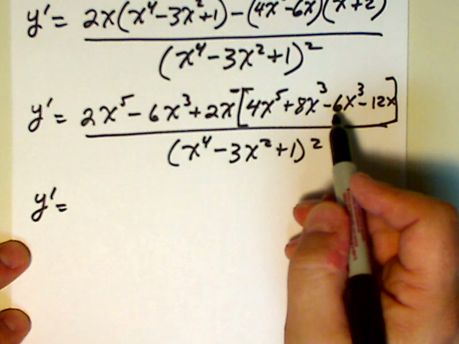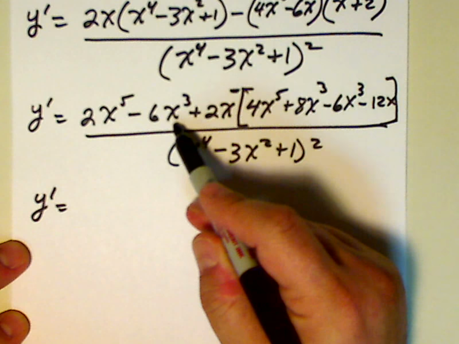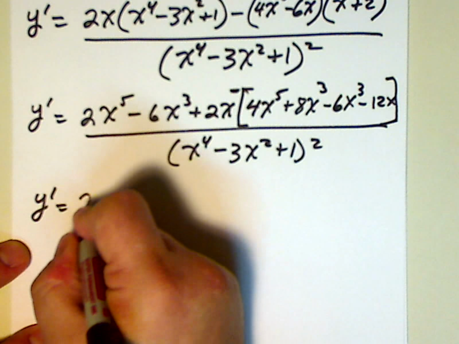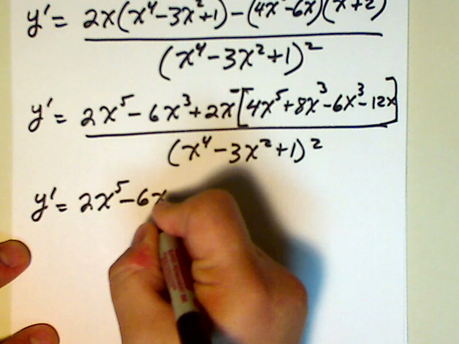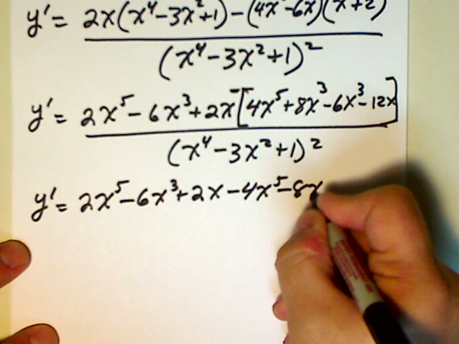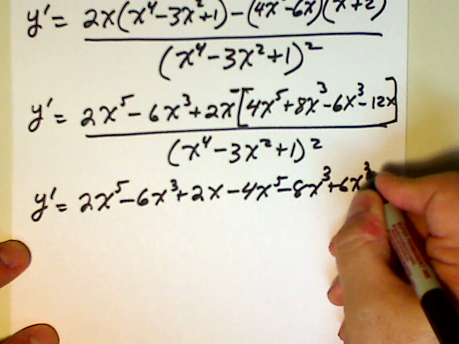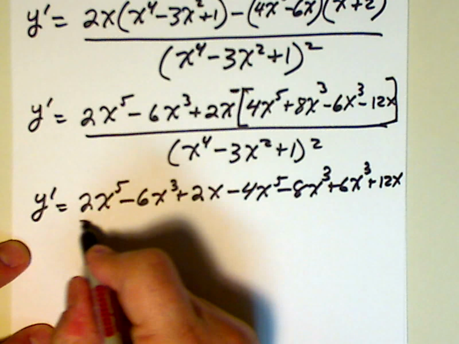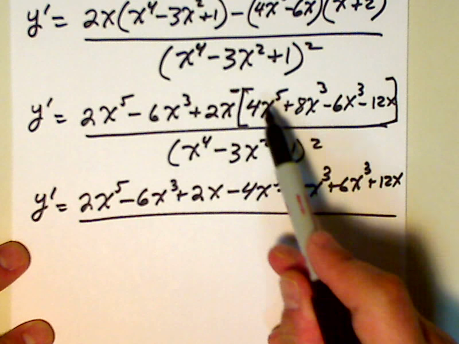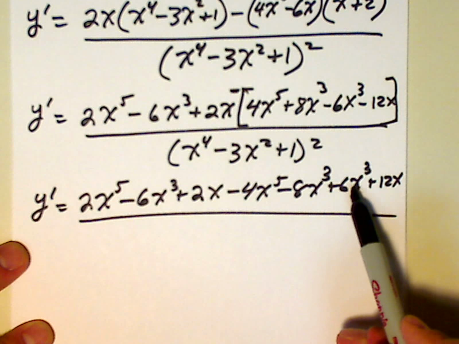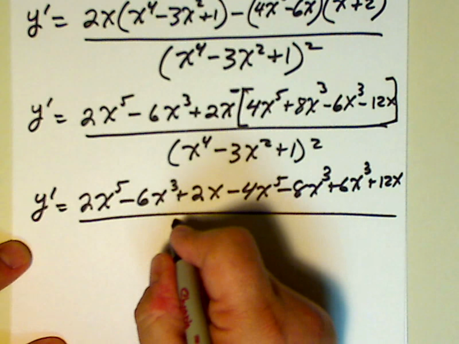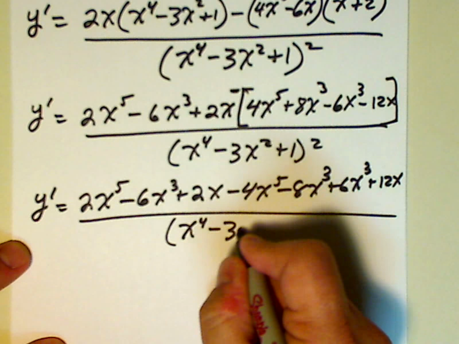No, I don't think I'm going to do that, because on the next step, we're going to take out these 6x cubed. 2x to the fifth minus 6x cubed plus 2x minus 4x to the fifth minus 8x cubed plus 6x cubed plus 12x. Remember we had a minus sign here, so minus 4x to the fifth, minus 8x cubed, minus and a minus, plus 6x cubed, minus and a minus, plus 12x, divided by the denominator squared.